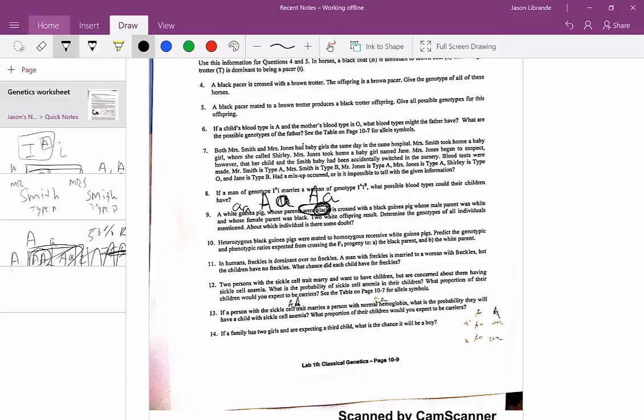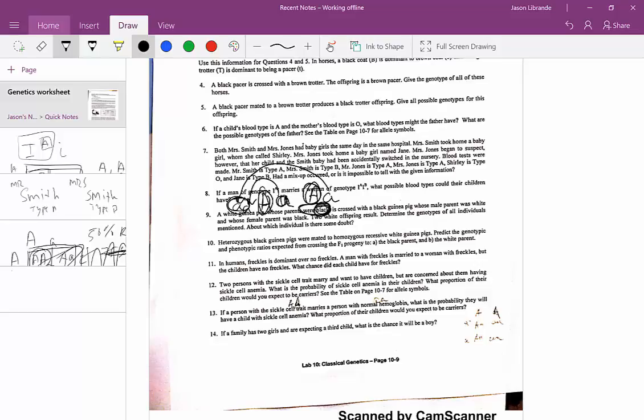So the parents essentially were heterozygous. Each parent gave one of these lowercase a alleles, and we know they have one uppercase A allele each, so one dominant allele each since they were black. If one of them had two uppercase alleles, or they were homozygous dominant, it would not be possible to get a white guinea pig. So we know the parents were heterozygous.